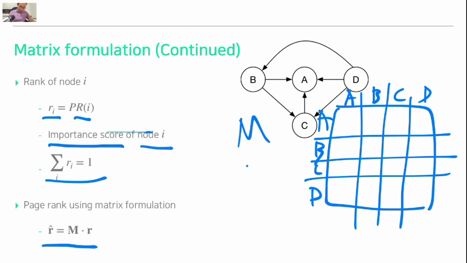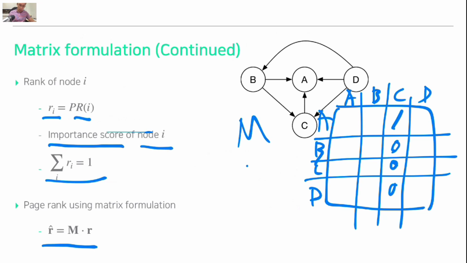Let's start with the simplest one. C has the outgoing link toward A, so maybe 1, 0, 0, 0. What about D?